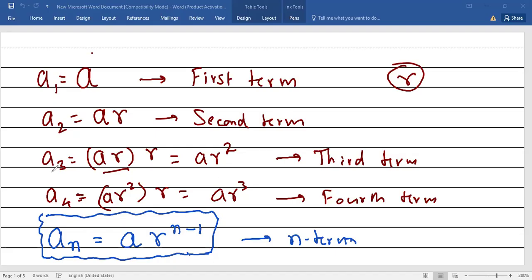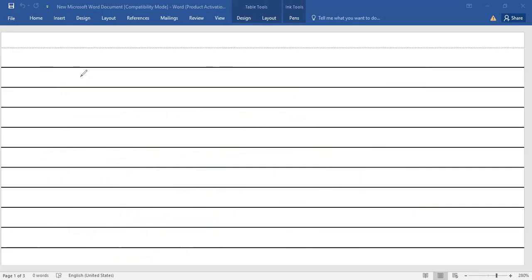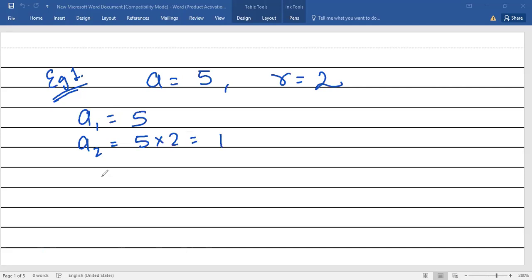For example, example 1, we have been given first term as 5 and common ratio as 2. So first term is obviously 5. Second term will be first term multiplied by 2, that is 10. Third term will be 5 multiplied by 2 to the power 2, because we know that nth term is given by a r to the power n minus 1.